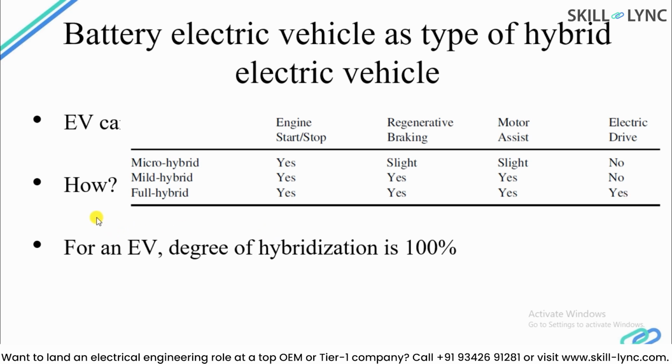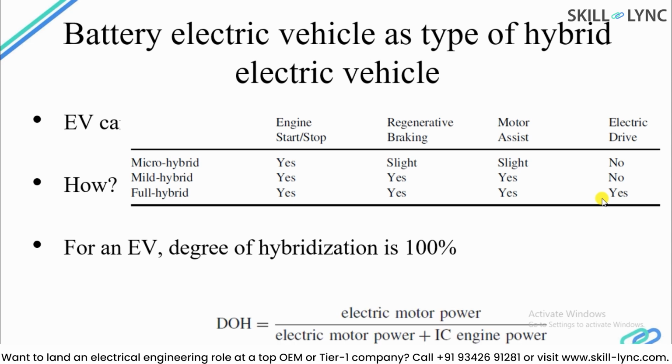Now, how do we call EVs an HEV? Here is the answer. For an electric vehicle, the degree of hybridization is 100%. Now, what is the degree of hybridization? In a full hybrid vehicle, if we eliminate the engine and take all propulsion power from the electrical system only, then it is called a full electric vehicle.